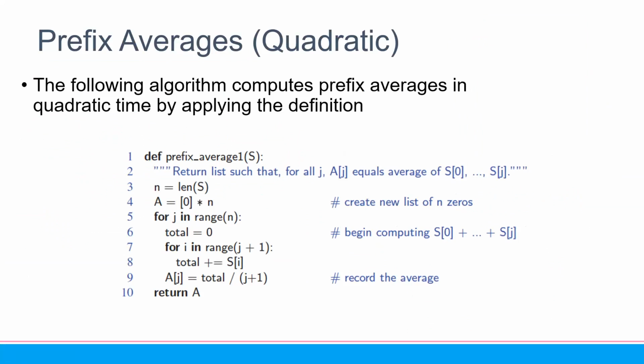So this is the code. Again, you don't need to write the code now, but let's analyze. What is the operation? The following algorithm computes prefix averages in quadratic time. How can we know it is quadratic?